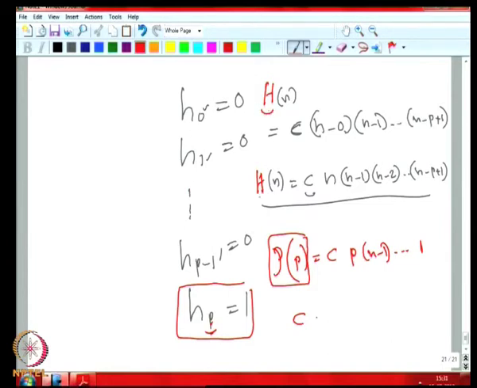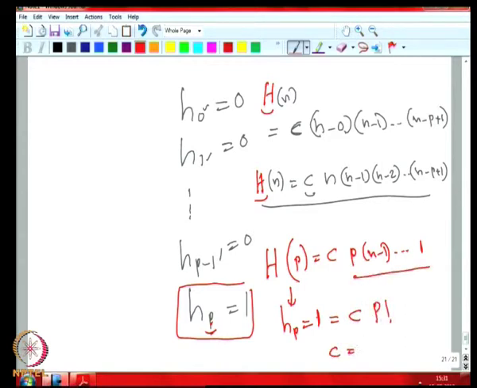I just use capital letters to denote that we are talking about a polynomial. So H of p evaluates to hp, which is actually 1. This is equal to c into p factorial, so c is equal to 1 by p factorial.